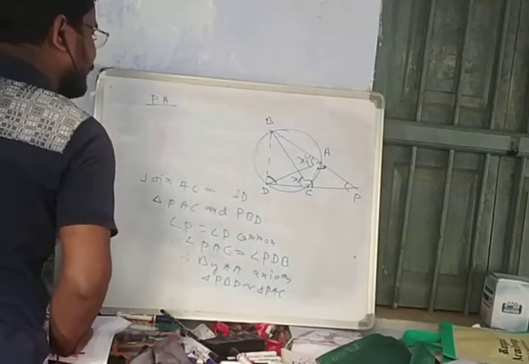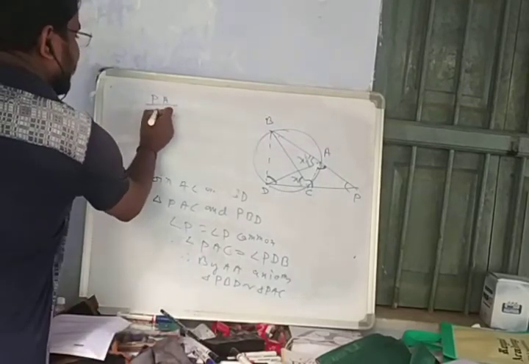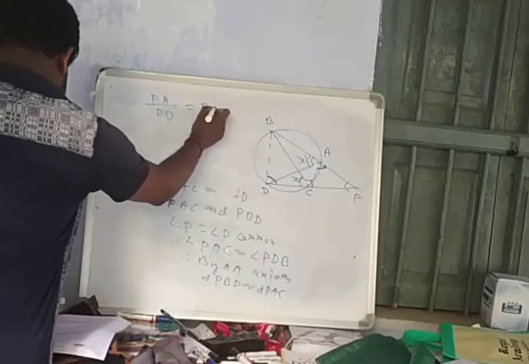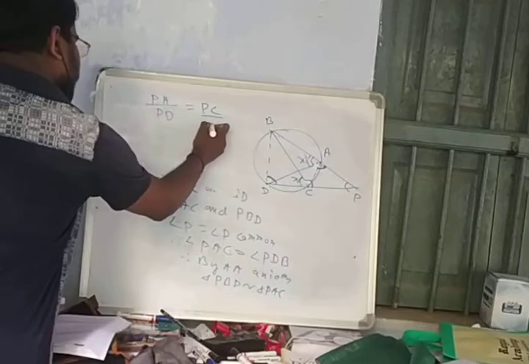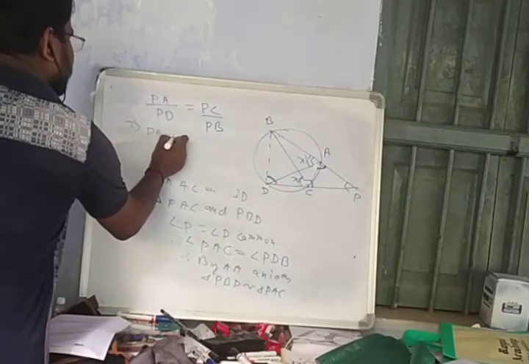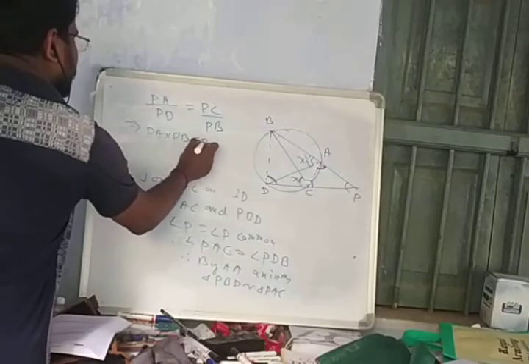PA by PD equals PC by PB. Therefore, PA into PB equals PC into PD.